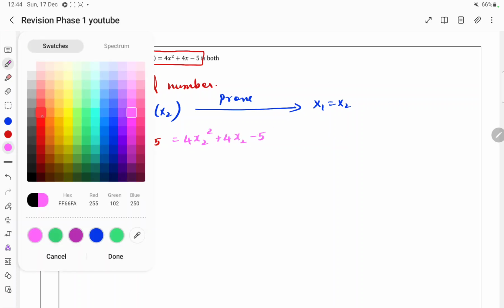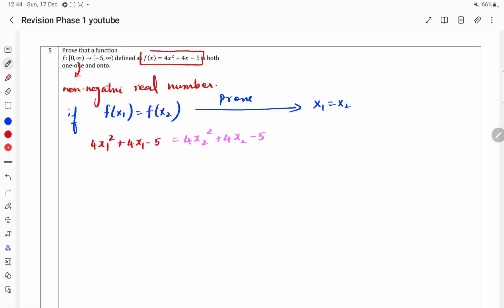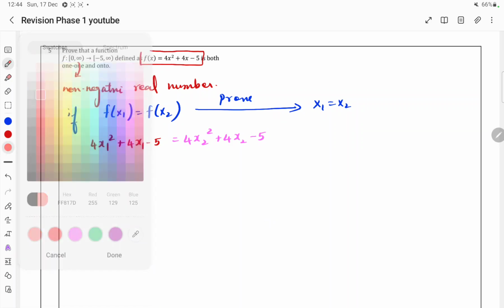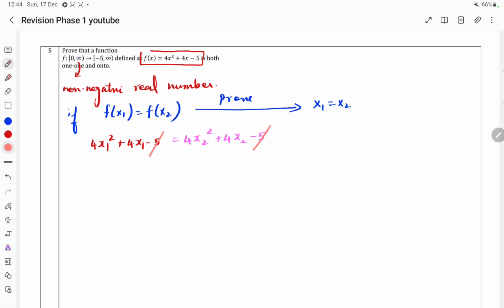From here, this minus 5 and this minus 5 will get cancelled. Now from here I can divide by 4, or I can take 4x1 square minus 4x2 square plus 4x1 minus 4x2 equal to 0.